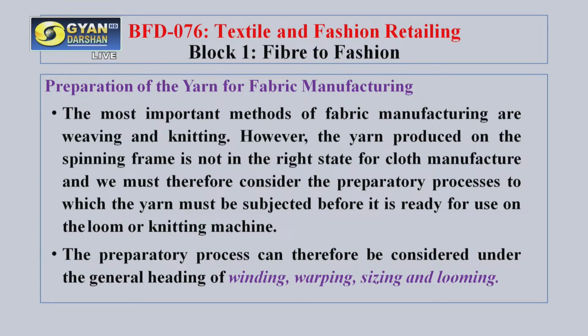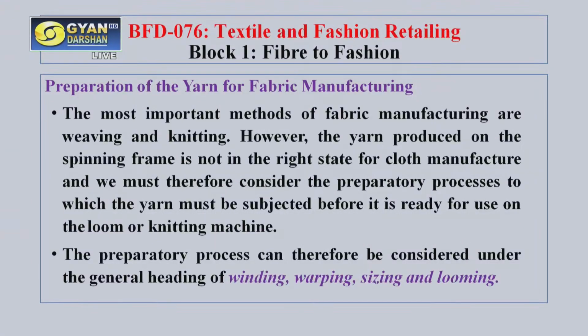At every stage we have to prepare the yarns for the final production of fabric. The preparatory processes can be considered under the general headings of winding, warping, sizing, and looming.